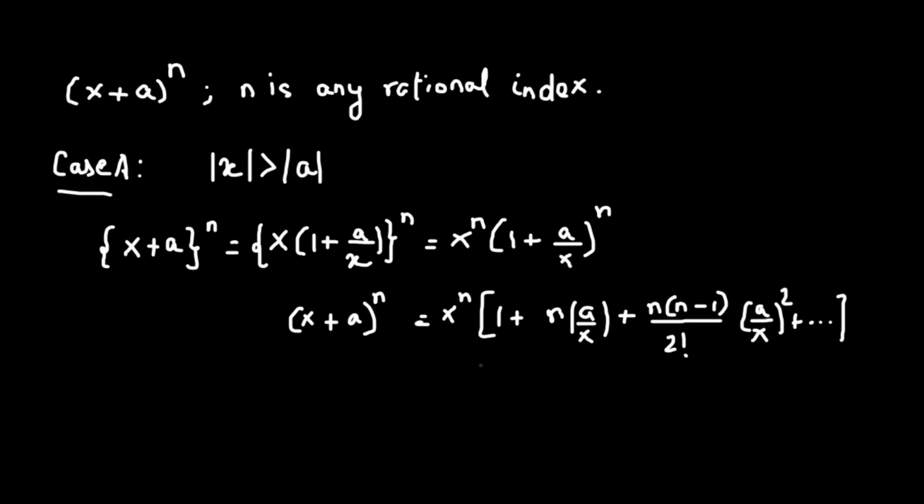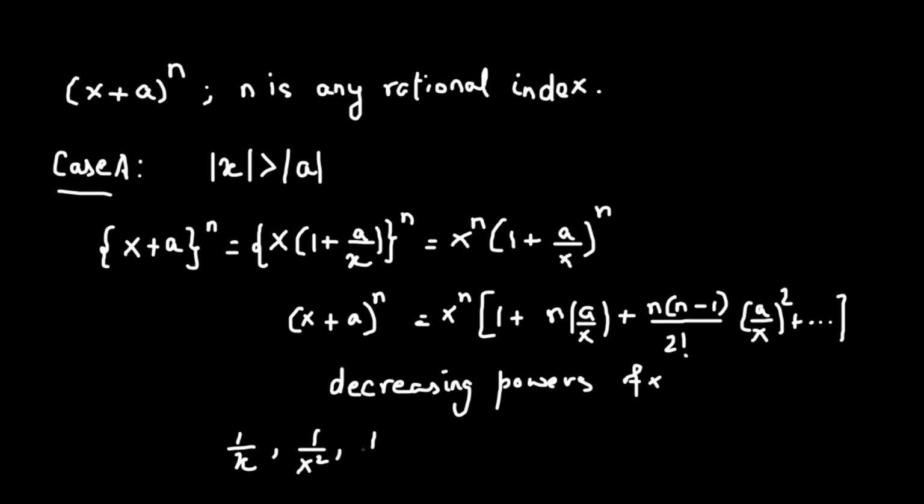Now here, the expansion is in the decreasing powers of x. If we look at the second term, not considering the n value and the a value, we have 1 over x in the second term, in the third term 1 over x squared, in the fourth term 1 over x cubed, and so forth, and the nth term will be 1 over x raised to the power of n.